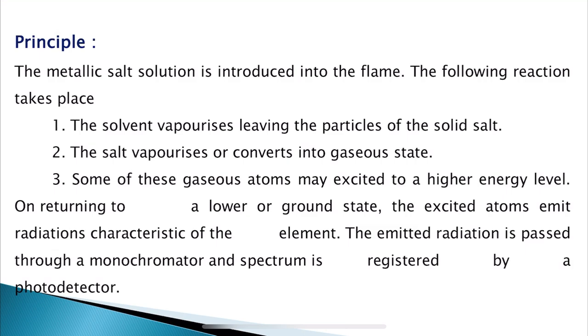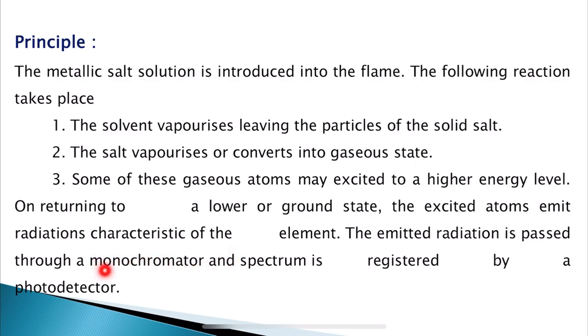Okay. So, what is meant by a monochromator? A monochromator is a device which is used to select radiation of a single wavelength or energy. That means this monochromator is going to filter, and it will allow only a single wavelength of light to pass through it. Okay. And next, the spectrum, which refers to the band of colors formed by a beam of light.